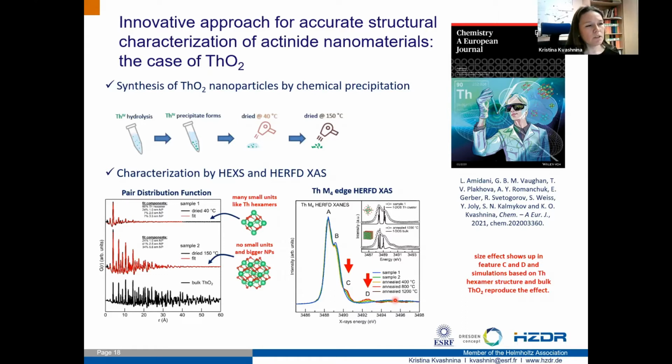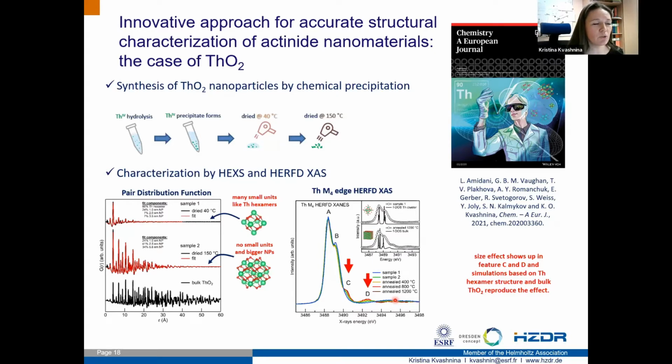So we went to the next beamline, also at ESRF, and recorded high energy X-ray scattering data, which allows you to look at structural modification. You can extract the pair distribution function, and this is what Lucia Amidani did.